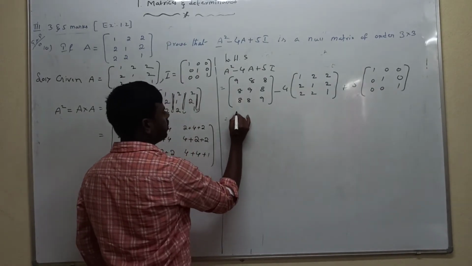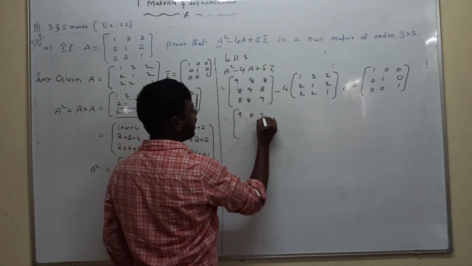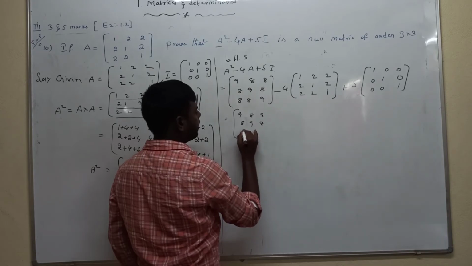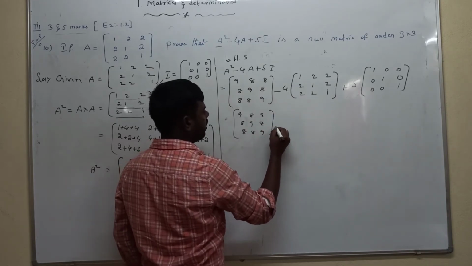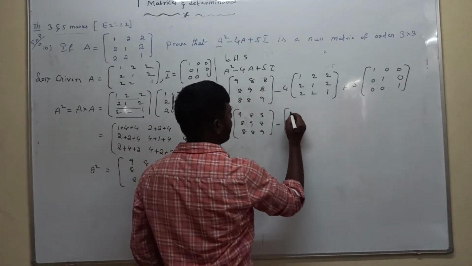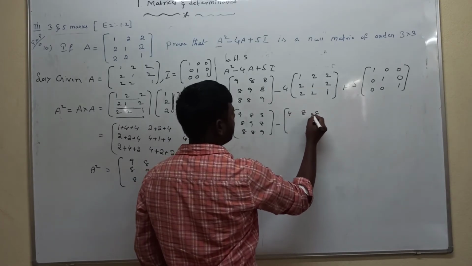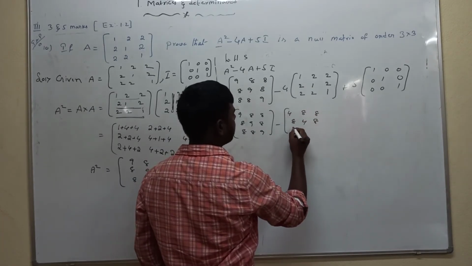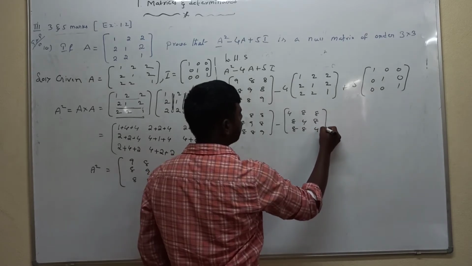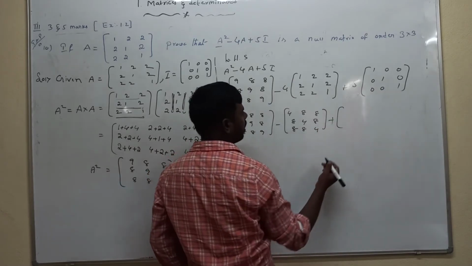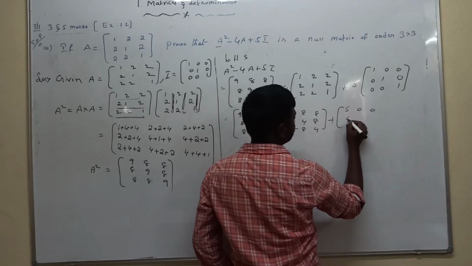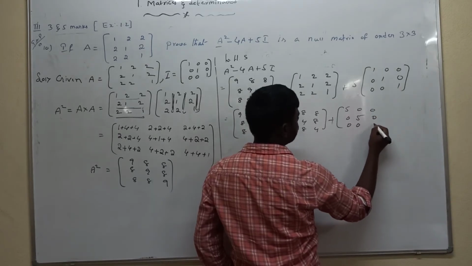Now in the matrix for 4A, each element is multiplied by 4: 4 into 1 is 4, then 8 8 8, 4 8 8 8 4. For 5I, each element is multiplied by 5: 5 0 0, 0 5 0, 0 0 5.